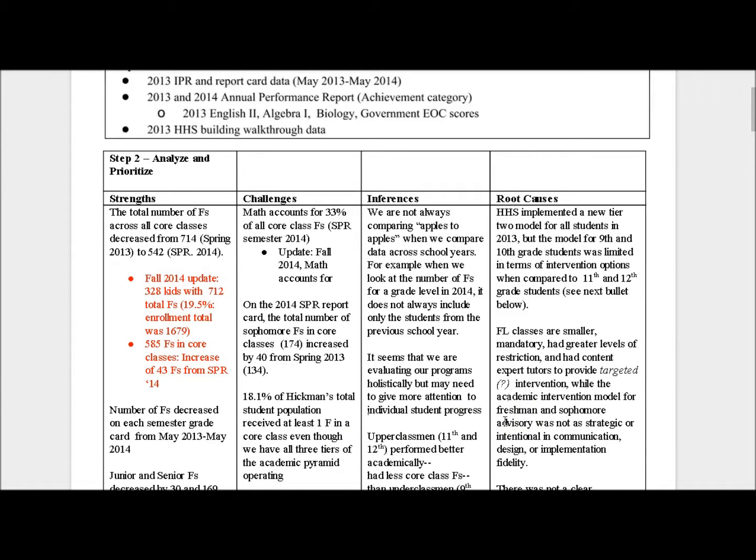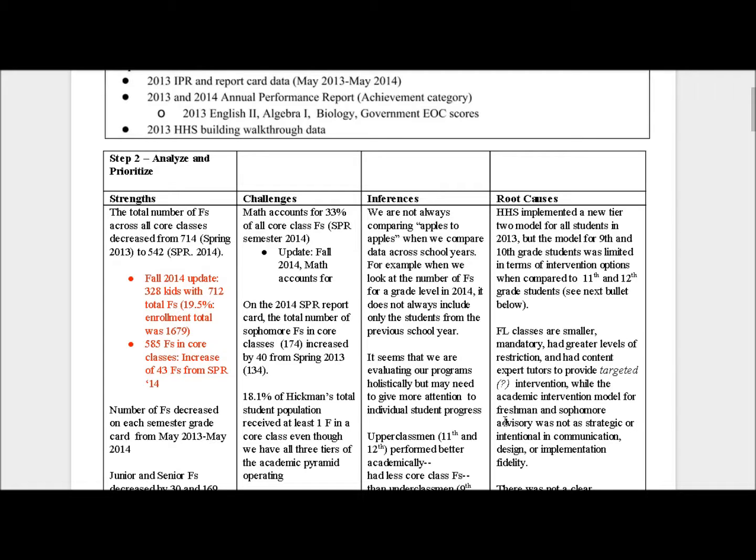So here are some inferences, and this is where it gets muddy a bit, because it all depends on the perception that the person who's making the inference is coming from and the eyes that they're viewing the data through. So here are some inferences that I would stand by and have delivered and shown to Leadership Council as well as our IDT, our department chairs.